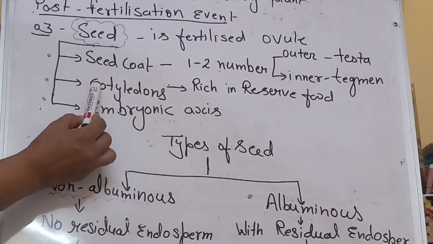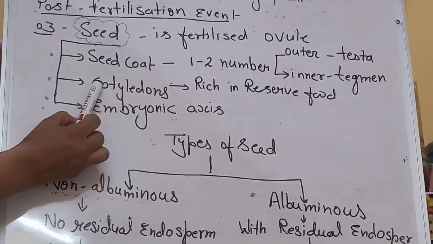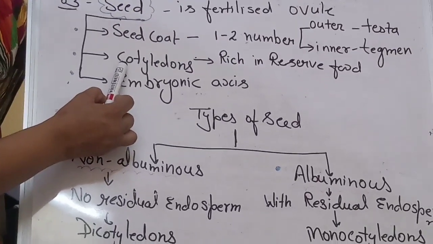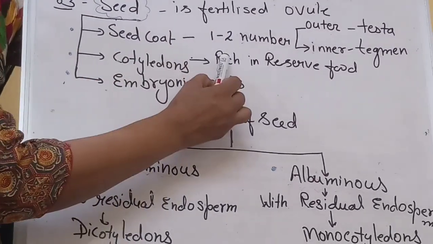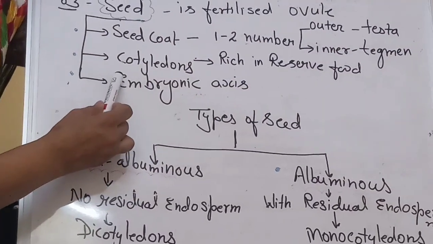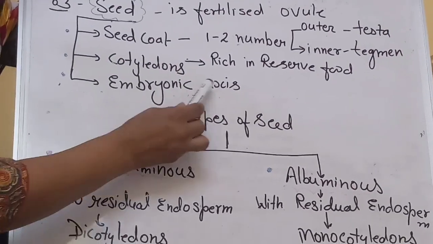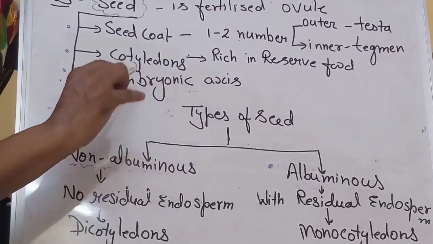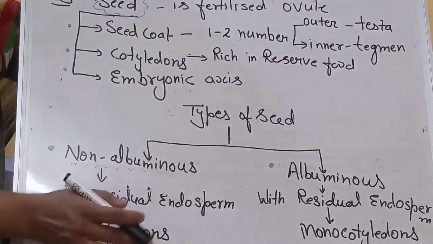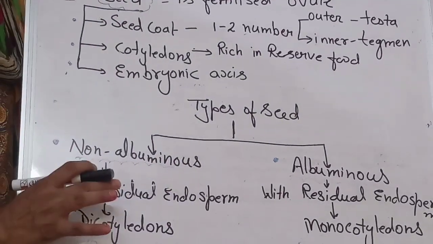It has cotyledon. If it is a monocot, 1, and if it is a dicot, 2 cotyledons, which are rich in reserve food and help seed germination. It has an embryonic axis where we will see radicle and plumule part.